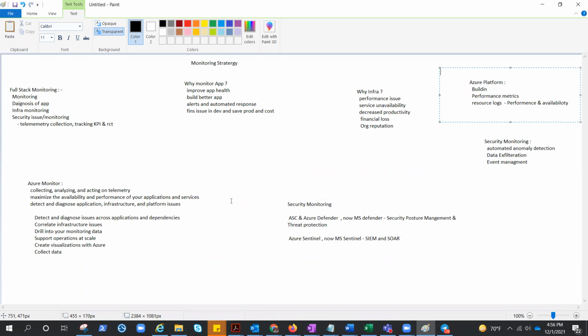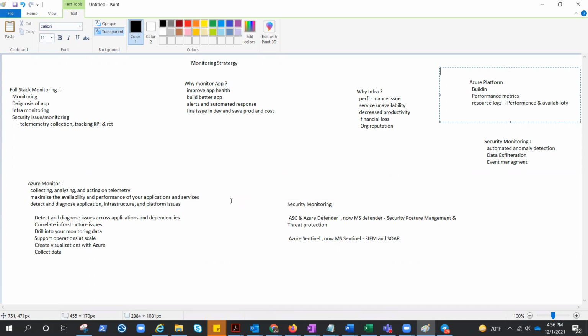So as of now, we talked about performance and availability monitoring. It is essential to monitor the security of your applications and infrastructure to ensure that they always remain protected and available.